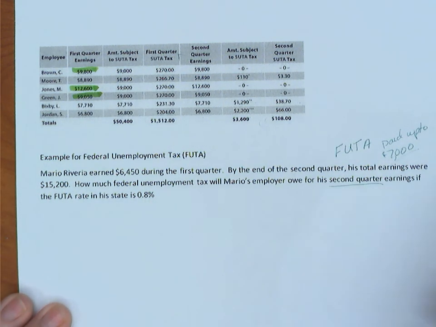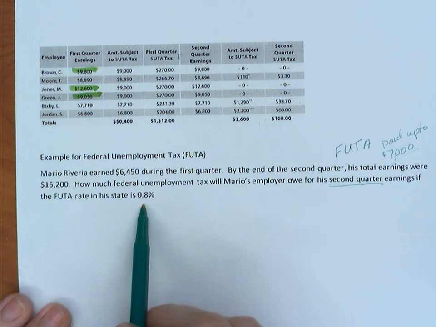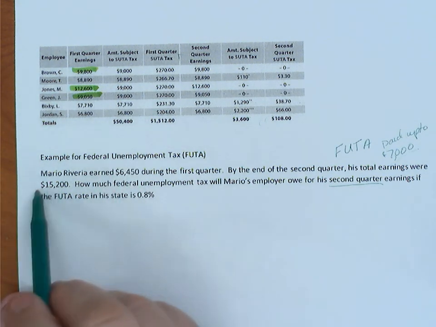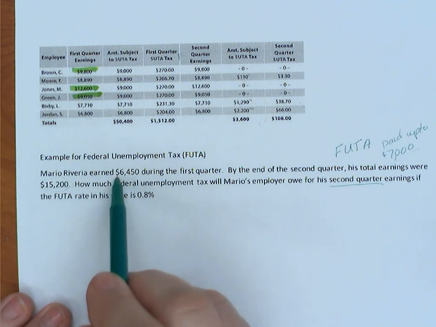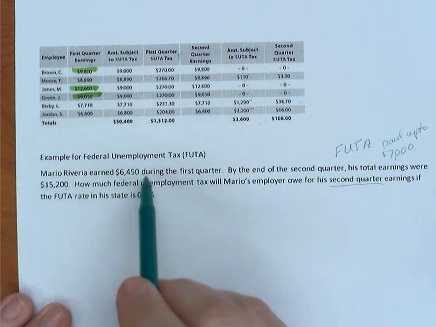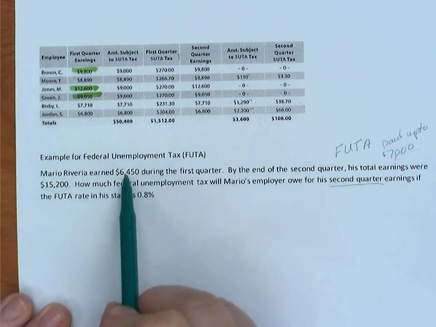That's the key earnings, if the federal unemployment tax rate in his state is 0.08%. In the first quarter, he earned this amount of money, which he paid federal unemployment tax on completely. He paid the whole amount, the 0.08% on this in the first quarter.